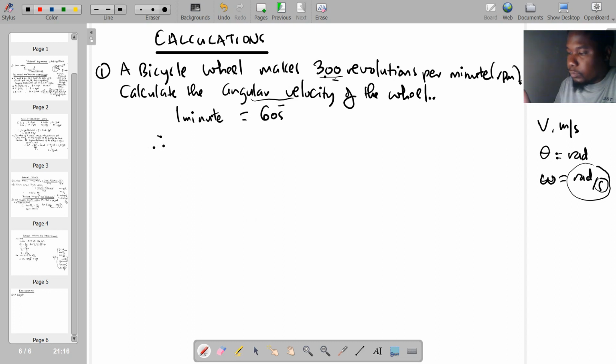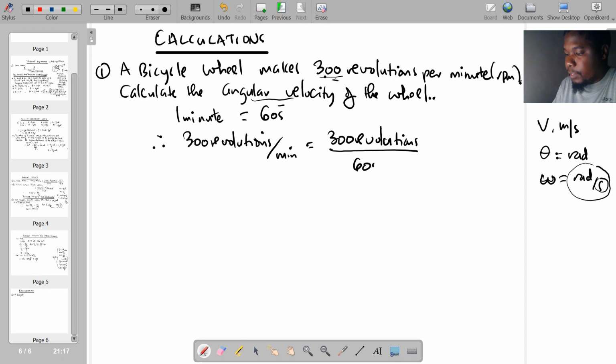Therefore, 300 revolutions per minute will become 300 revolutions over 60 seconds. So 60 goes into 300 five times, so that becomes 5 revolutions per second. So this is our frequency. This is the frequency given.